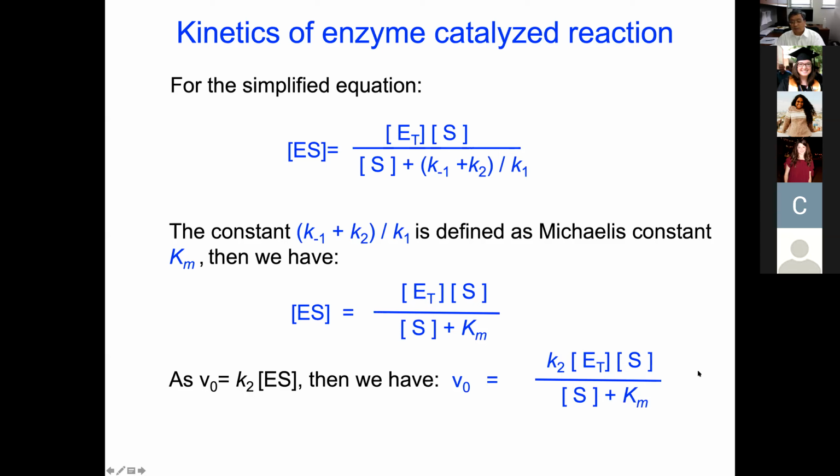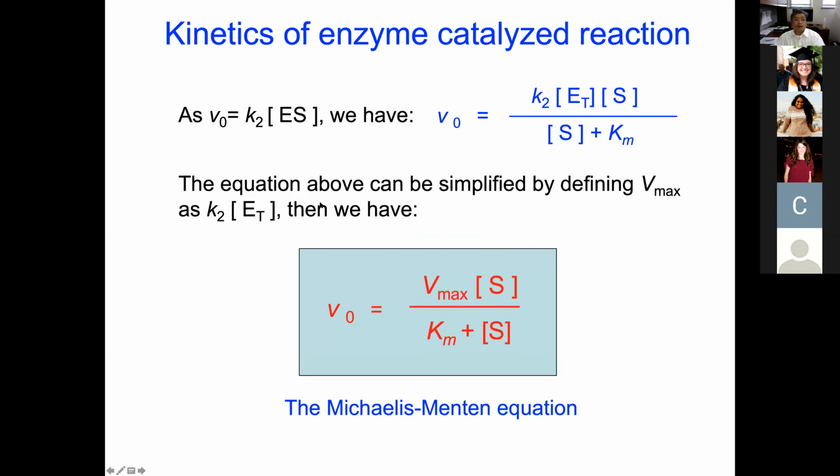So now we have a pretty simplified version of the equation to describe the velocity of the reaction as a function of substrate concentration. And for this equation, we can simplify it further by defining Vmax. Vmax is the maximum velocity of the enzyme catalyzed reaction, and it equals K2 times ET.